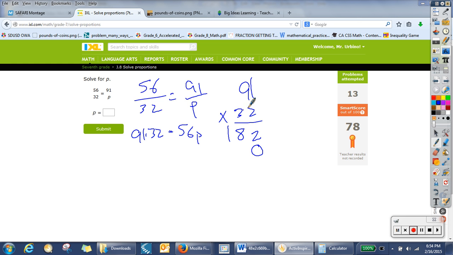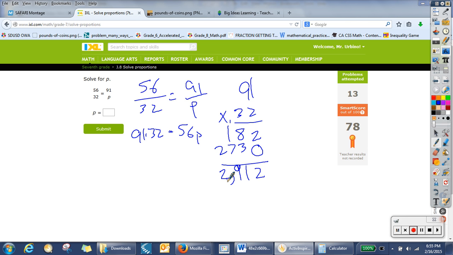Now we have to do 3 times 1, give me 3. 3 times 9 will give me 27. That will give me 2, plus 3 is 11. Carry the 1. 1 plus 1 is 2. 2 plus 7 is 9. And 2. Wowzers.